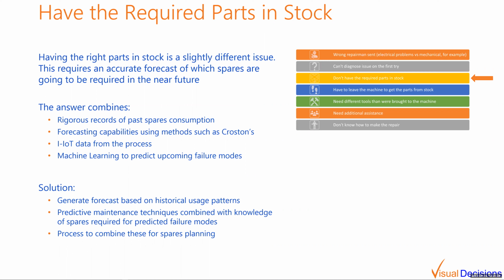If you also have machine learning in place to predict the upcoming failure modes, that gives you time to get those materials in stock prior to the machine failing. That gives you the ability to have those parts on hand when that failure does occur. So having that additional data and those additional analysis capabilities can certainly help you stock the right parts at the right time.